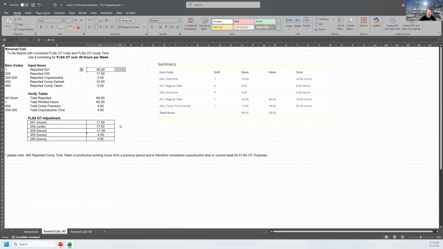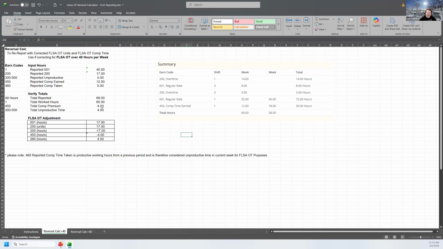Okay, that makes sense. We are going to move it from here, which is at a 1.5 times rate. So negative 1.5, this is a 0.5 times rate, and this is going to be a 1 times rate. So we're taking it out of here and splitting it into 001 hours and 250 units.